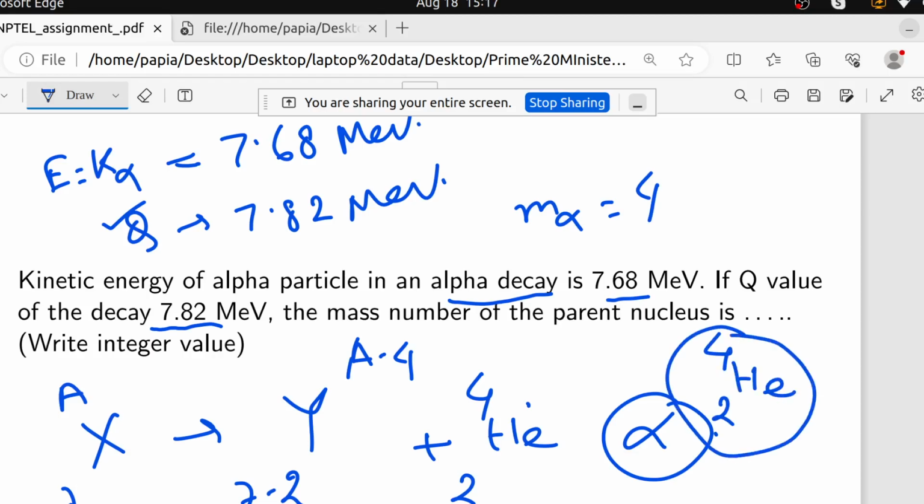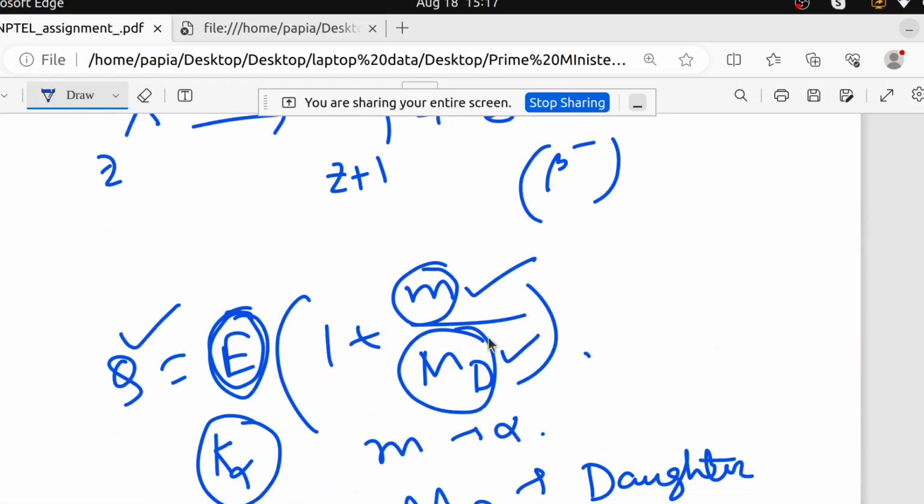This is the expression for the alpha particle. So the mass of the alpha particle will always be 4. That means m alpha is 4. We know that, so the only unknown is md, the mass of the daughter particle.